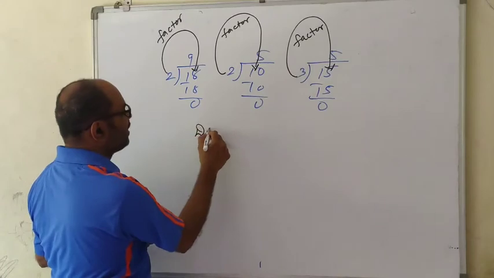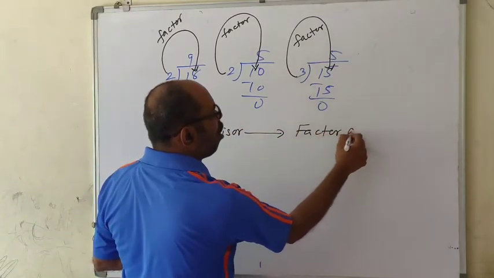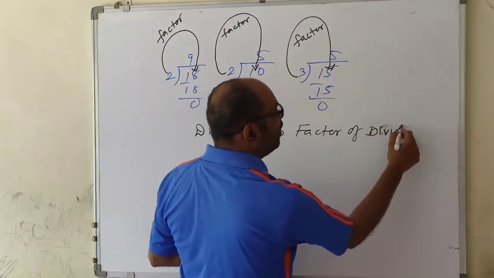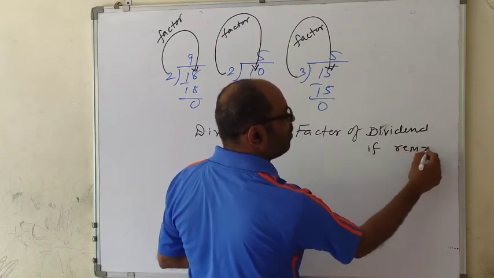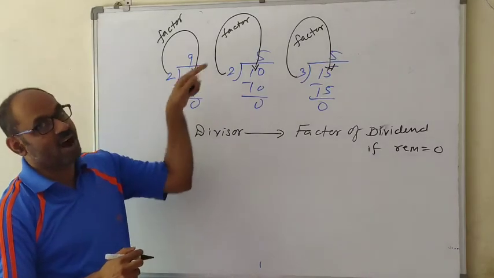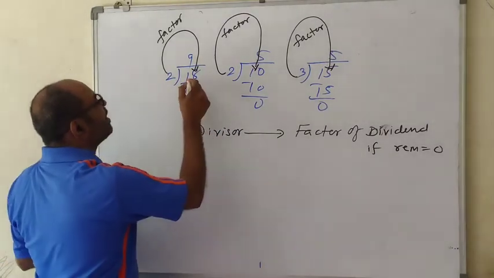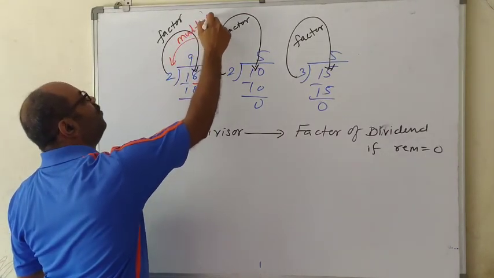So divisor is a factor of dividend if remainder is equal to 0. Conversely, this 18 is called a multiple of 2.